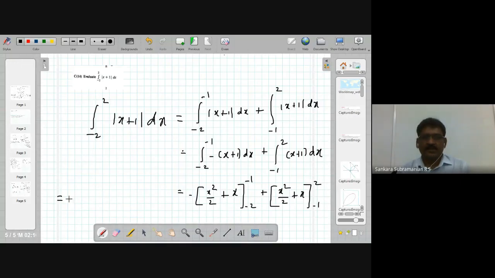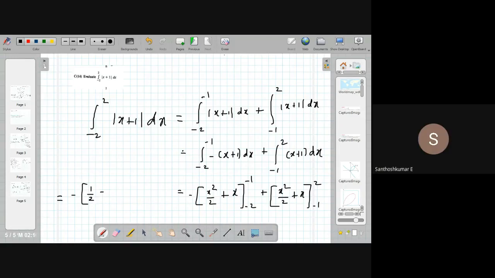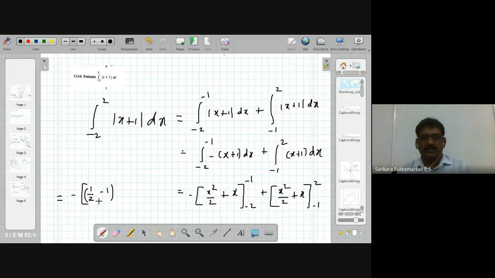So this is equal to minus of, we go for the upper limit, it will become 1 by 2 minus 1. And if you go for the lower limit, minus, this becomes 2. 2 2s are 4, 4 by 2 is 2, and this minus is minus 2.